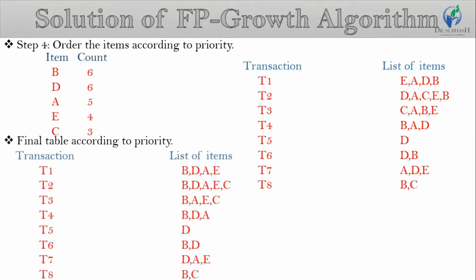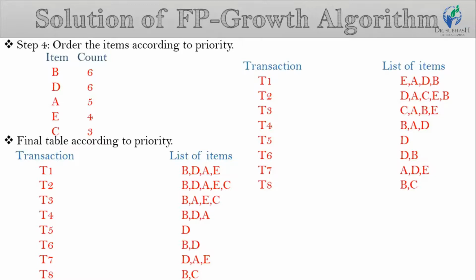In transaction T1 first occurs B, then D, then A, then E. In T2 first occurs B, then D, then A, then E, then C. In T3 first occurs B, then A, then E, then C. In T4 first occurs B, then D, then A. In T5 first occurs B. In T6 first occurs B, then D. In T7 first occurs D, then A, then E. In T8 first occurs B, then C.